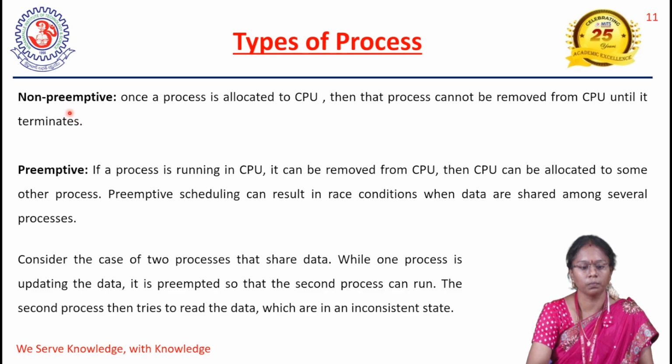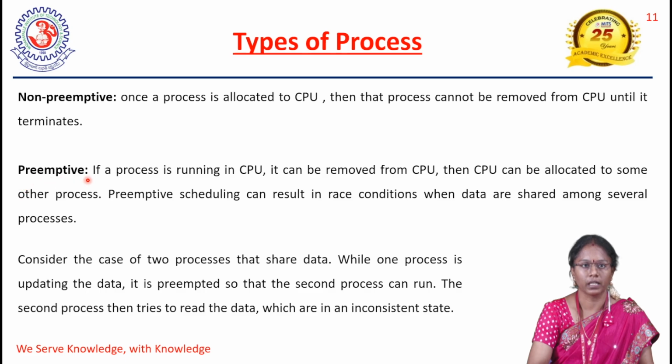Non-preemptive means once a process has been allocated to the CPU, it cannot be removed from the CPU until it terminates. We should not interrupt it until it has completed, and no other process should interrupt that process. That is called non-preemptive.